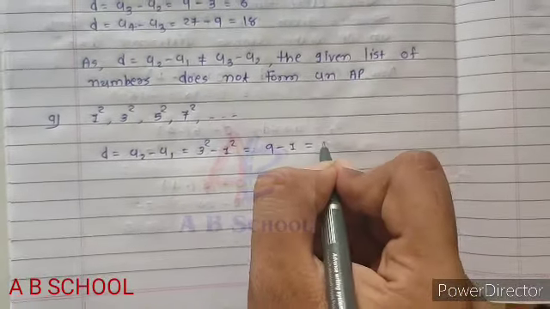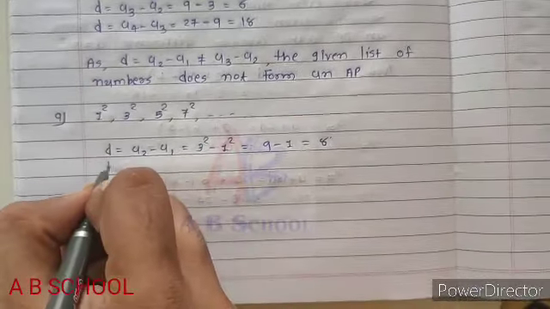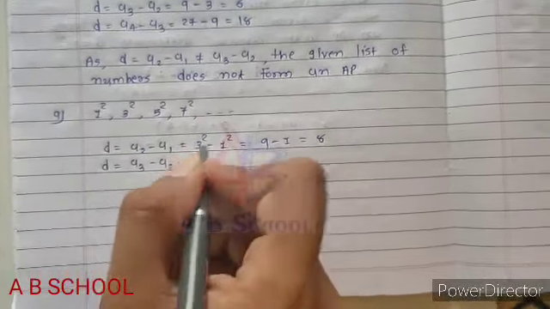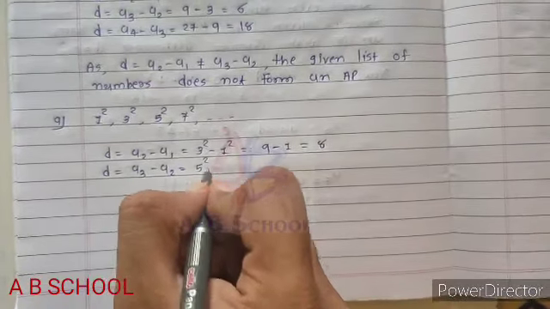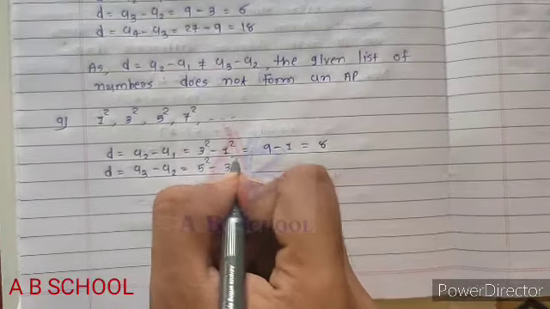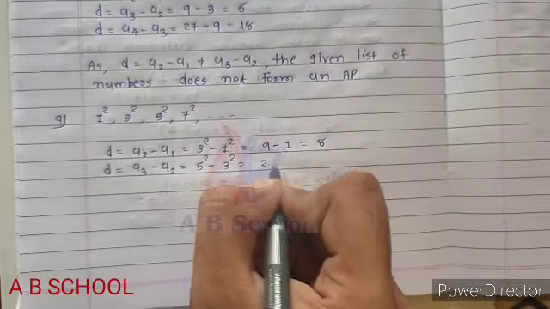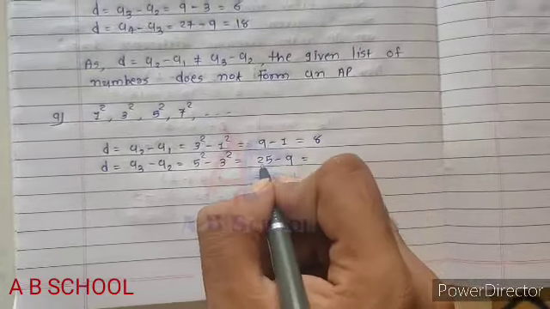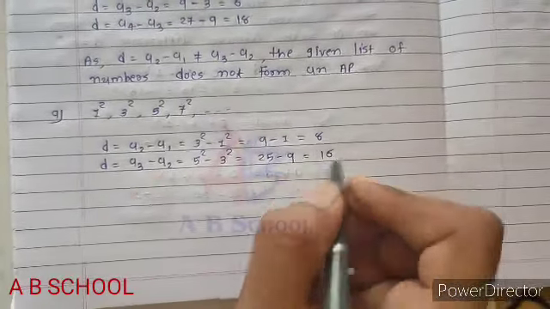So 9 minus 1 is equal to 8. The common difference D is equal to A3 minus A2. Value of A3 is equal to 5 square minus A2 is equal to 3 square. 5 square is equal to 25 minus 3 square is equal to 9. 25 minus 9 is equal to 16.